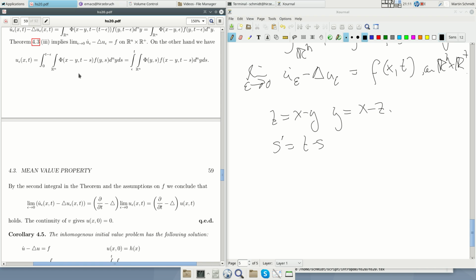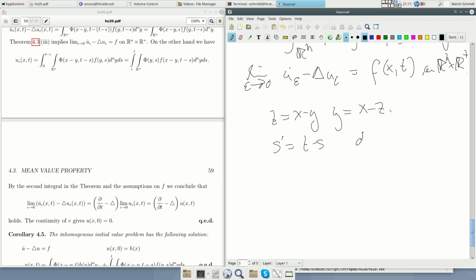Then of course ds is equal to minus ds prime.